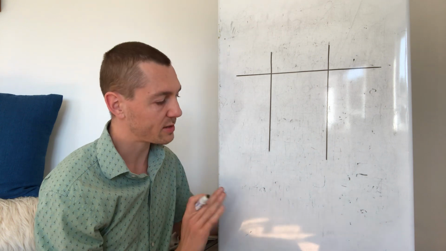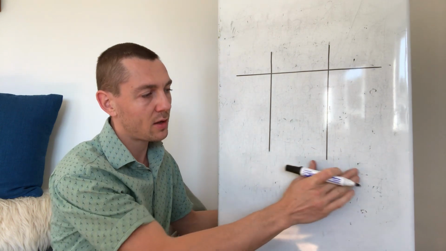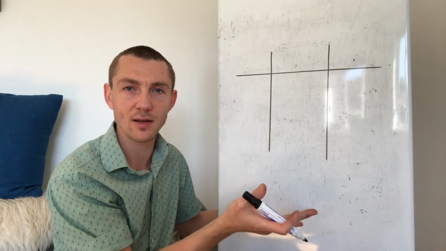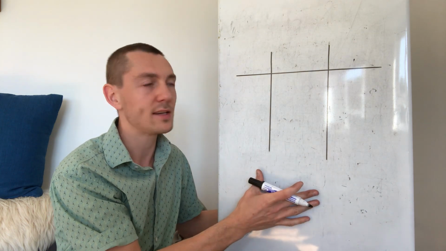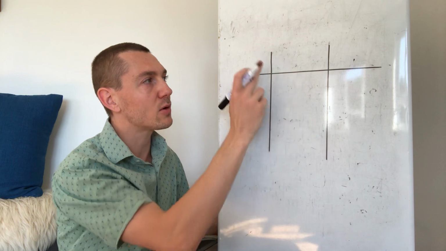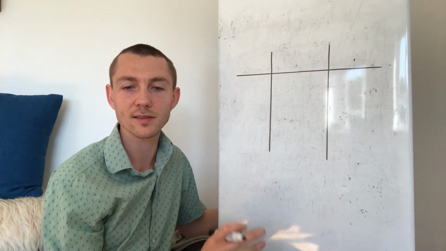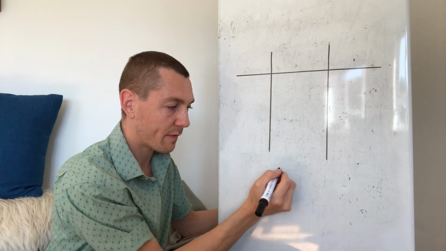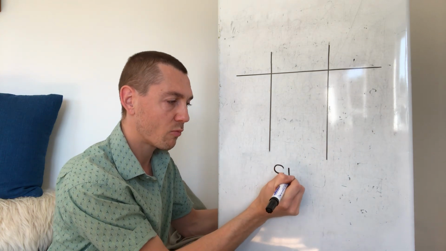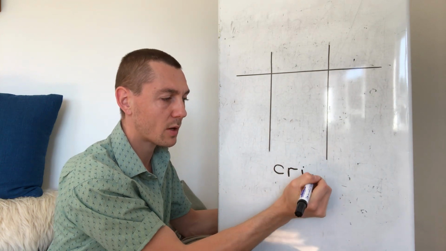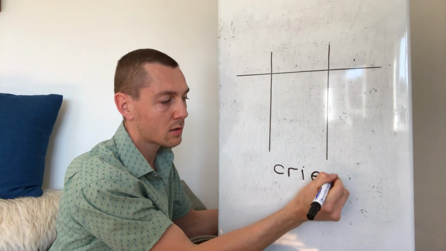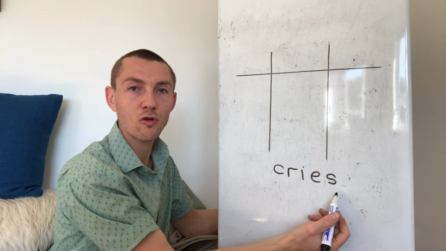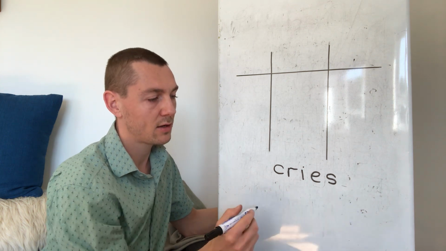Okay, so you know how this works. I'm going to write a word here. They all will have 1 or maybe 2 Z sounds in them, and your job is to sort them into this table, isn't it, according to their spelling of that Z sound. We've done this before. Okay, so the first word is, we might have had some of them before, that's okay. Okay, the word is cries.